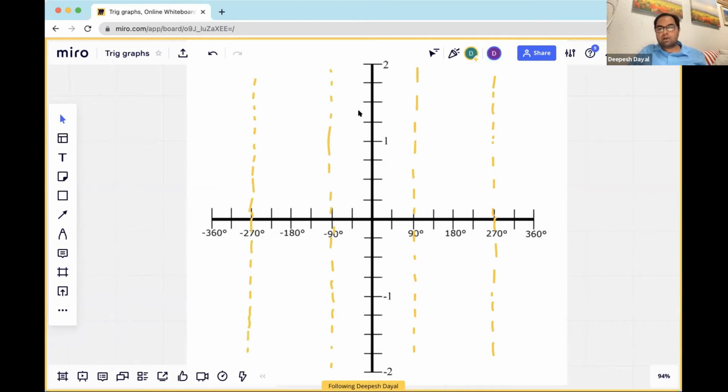Okay, so we're going to draw a tan graph now, taking into consideration the asymptotes, and this is how the graph looks. Let's just draw it, right? So we've got here. Here we go. Then here.